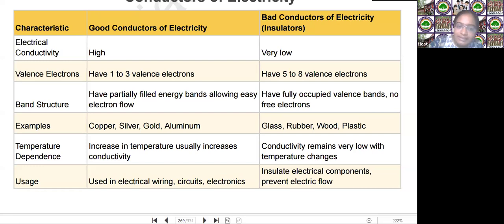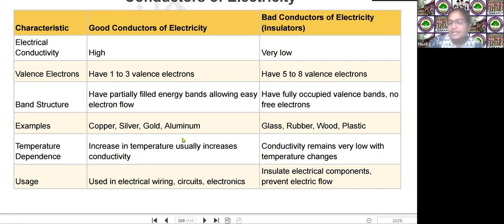And another quality is temperature dependence. If you give a high temperature, the conductivity is increased in conductors. If you give a high temperature, there is still very low conductivity in an insulator. Do you understand?